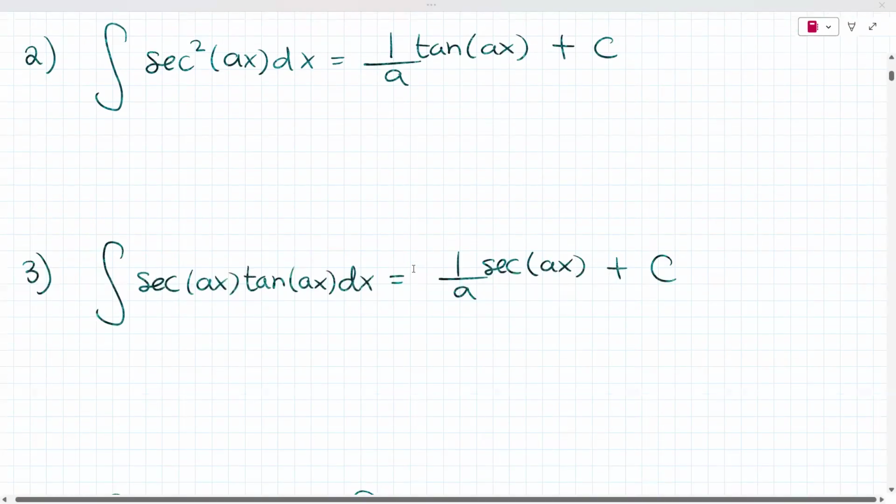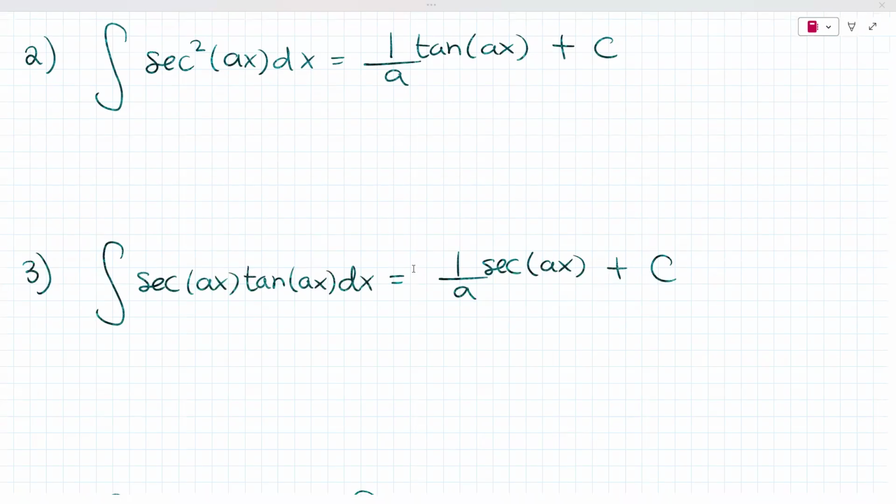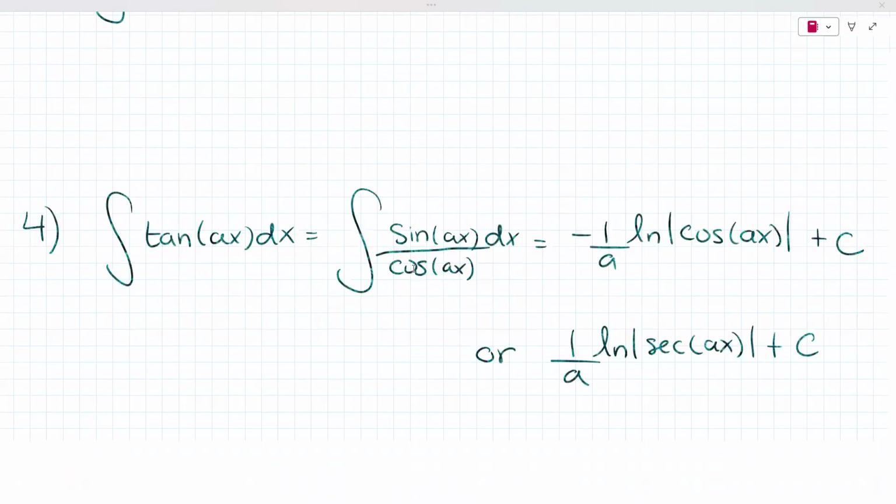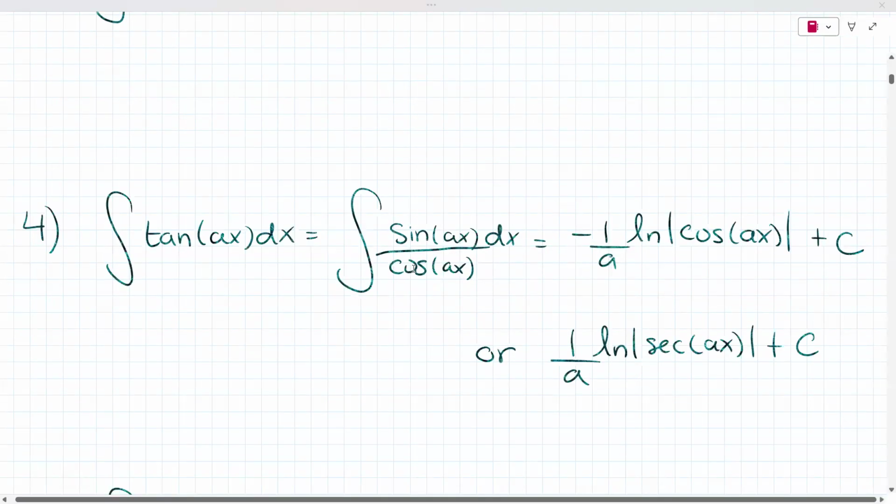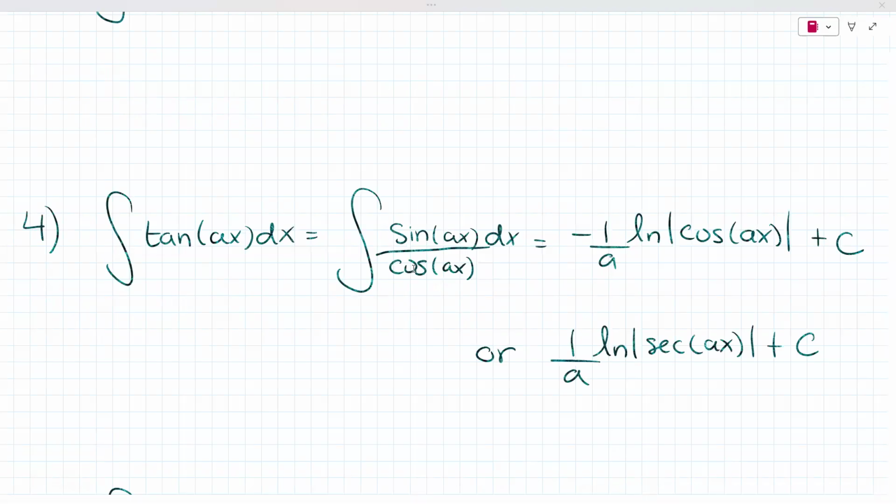The integral of secant ax times tan of ax is 1 over a secant of ax plus c. The integral of tan of ax dx is negative 1 over a ln of absolute value of cosine of ax plus c, or 1 over a ln of absolute value of secant of ax plus c.